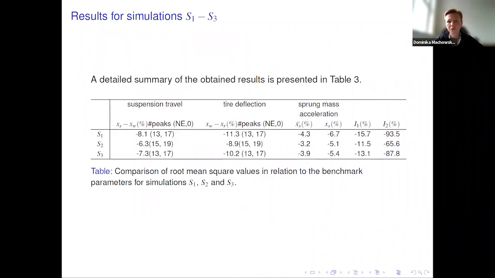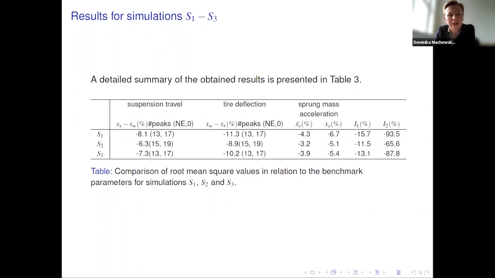And if we talk about some numbers, we see that the suspension travel declines best for the flat road. So these are not unexpected results, of course, and the worst case is for road number 2, but still we are better.